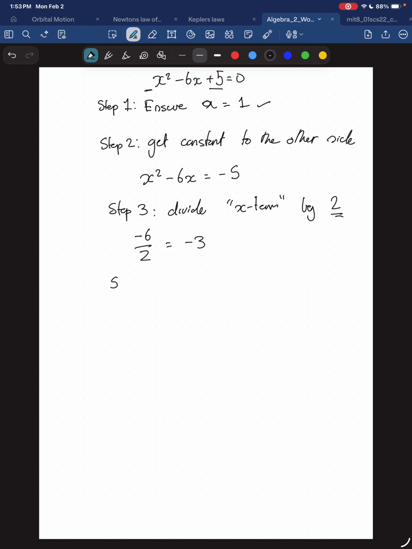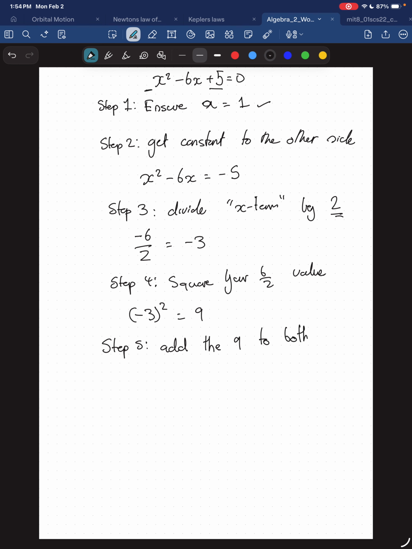Then step 4, square your b over 2 value. If we square it, it's minus 3 squared, and that's equal to 9. Then step 5, add the 9 to both sides of this equation.